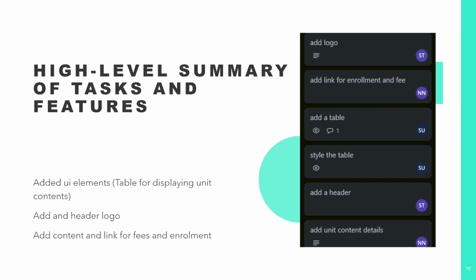Throughout Sprint 1, our team worked on several critical activities. The first major task was setting up the table to display unit details in a clear and accessible format. This involved designing the table structure and ensuring content was well organized. Next, we focused on implementing the header and logo, which was essential for maintaining the visual identity of the site.